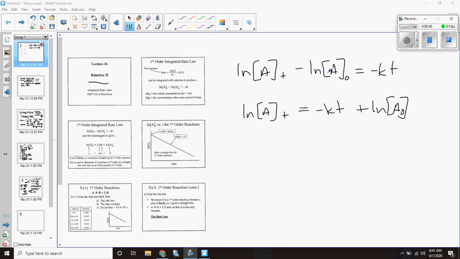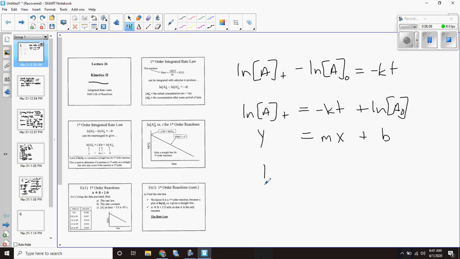So now if I just move the natural log of A0 over, the natural log of A at some time t becomes my y. The k in kt is going to be the slope m. The x is going to be the time, because we're going to plot the natural log of concentration versus time, and the b is going to be the natural log of the initial concentration.